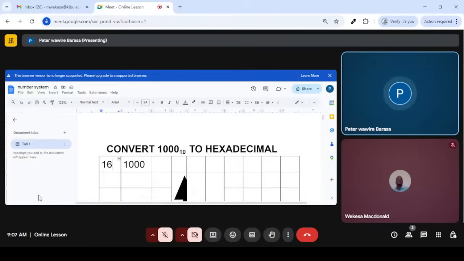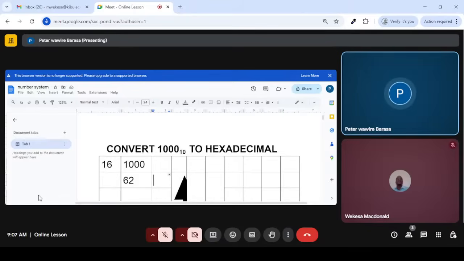It goes there 62 times. So you write here 62. Then you look for the remainder. So 62 times 16 gives you 992, minus 1,000.